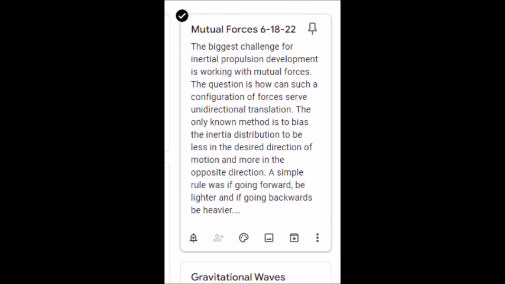And I picked this one because we are now going back into working on propulsion dynamics related work.